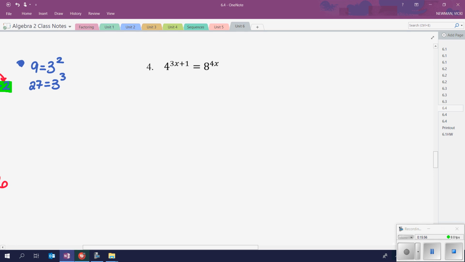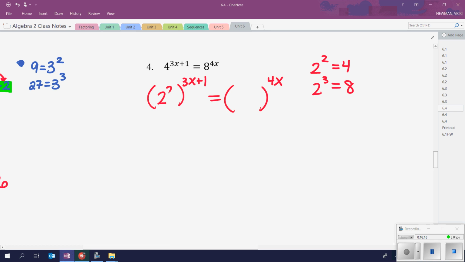All right. Oh, 4 and 8. Well, 8 is 4 times 2. Stop it. 4 is really 2 squared. 2 cubed is 8. So we know we're replacing those representations. 4 is actually 2 squared. 8 is actually 2 cubed. So power to a power, we multiply.